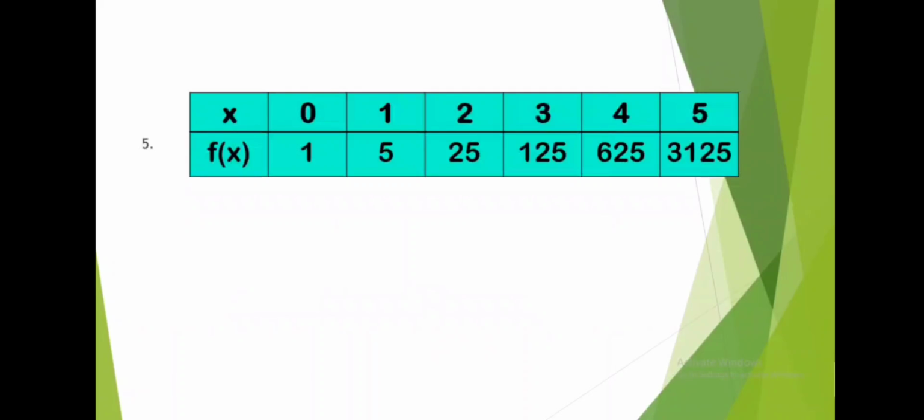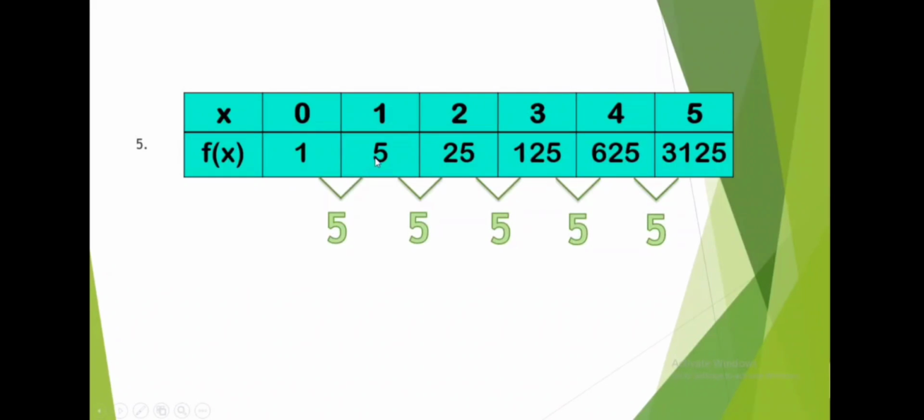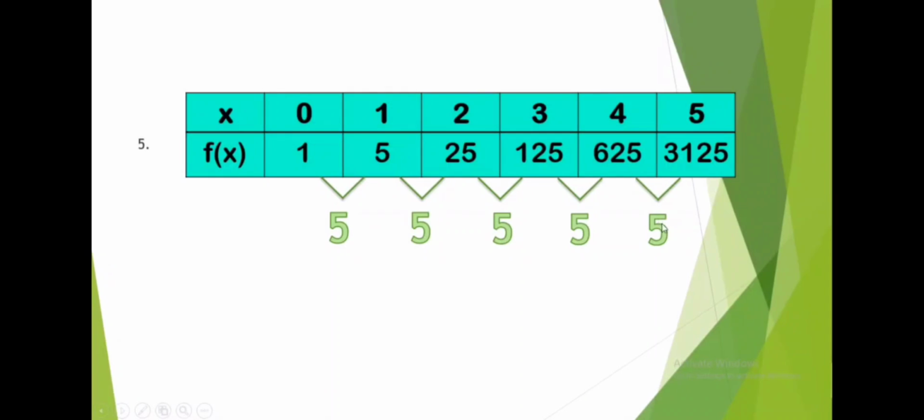We have our y values are 1, 5, 25, 125, 625, 3125. Do they have a common ratio? The answer is yes. Observe that 1 times 5 is 5, 5 times 5 is 25, 25 times 5 is 125, 125 times 5 is 625, 625 times 5 is 3125.